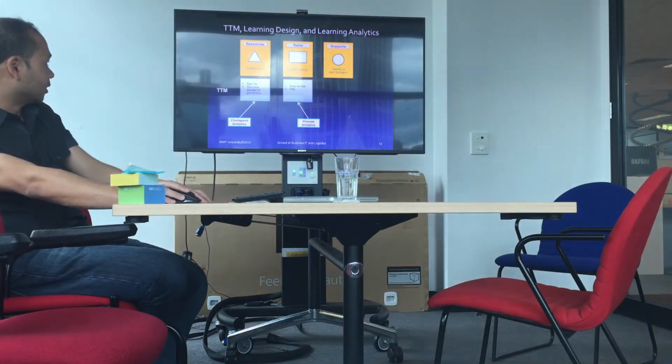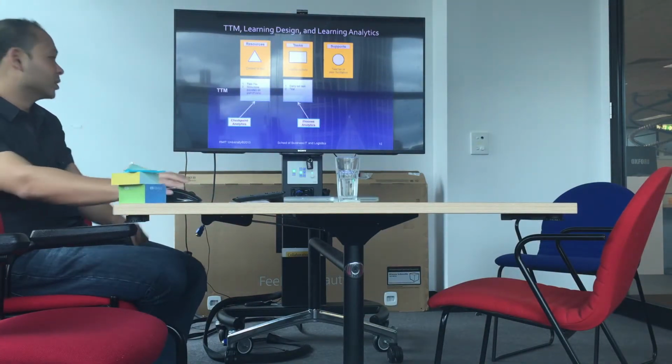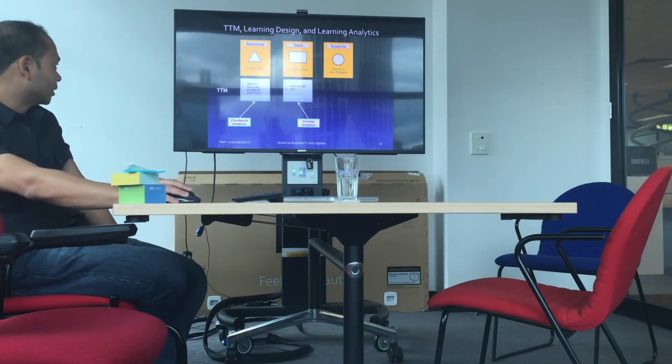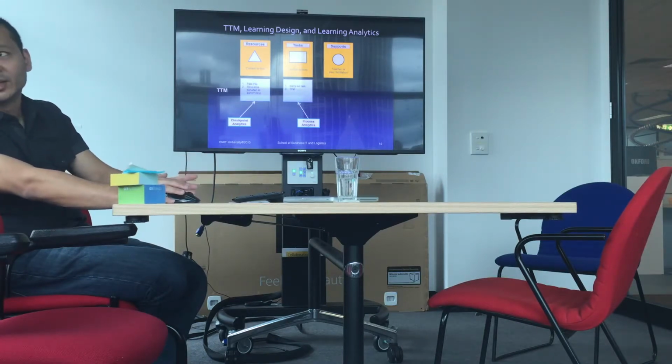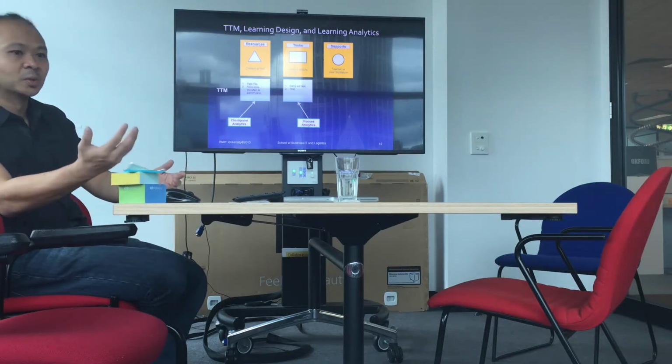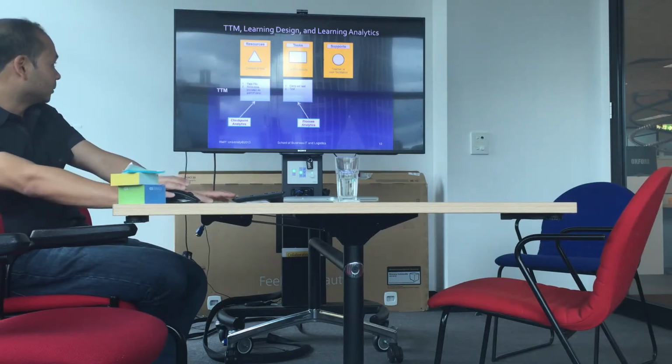So from our perspective, matching TTM to learning design, our checkpoint analytics is about when they've accessed the resources, how many times, and the process analytics is on the task, so the test: how they scored, what scores they have received, how many times they have attempted it, is there a trend to their score, are they improving, are they decreasing?